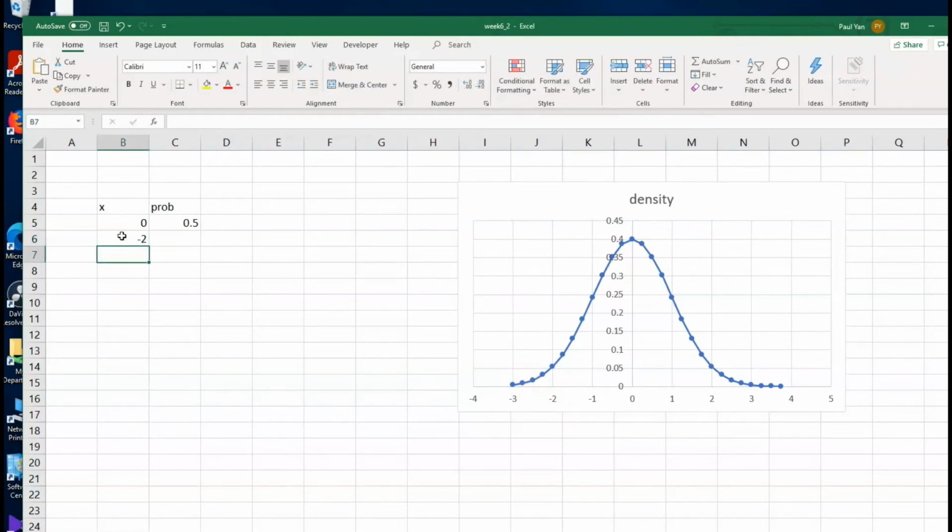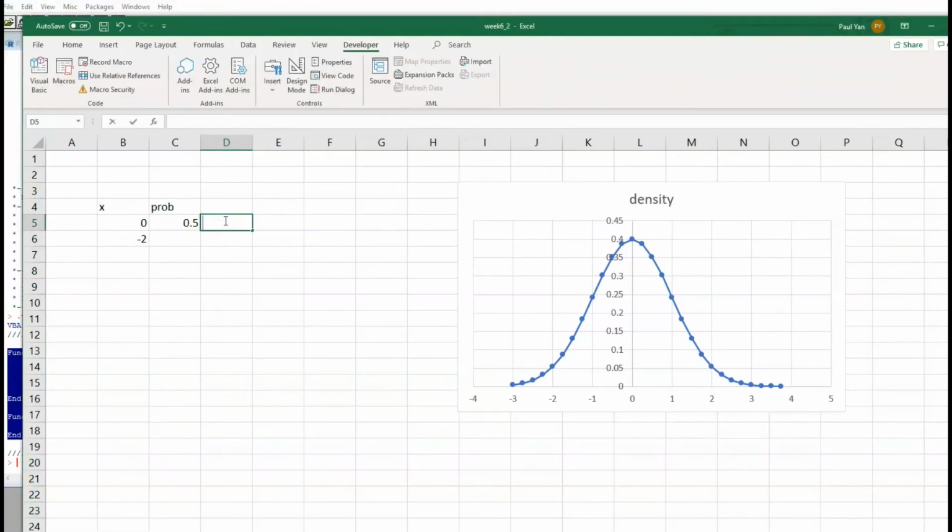Let's look at it. I'm going to use show formula. We use NORM.S.DIST.